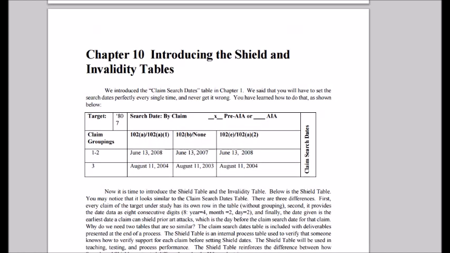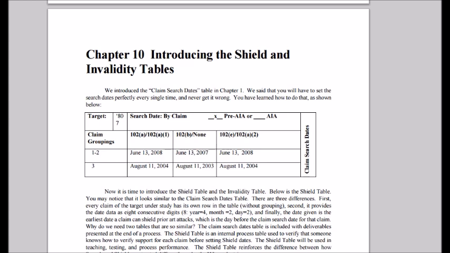Since this is all developing a process that is being trained and used, it all gets down to developing templates and expected methodologies that are used. Here we have introducing the shield and invalidity tables.